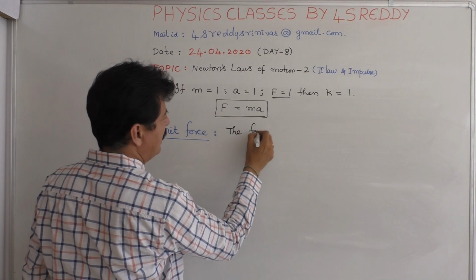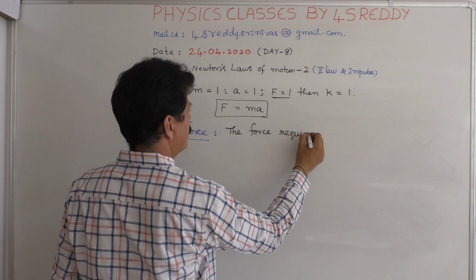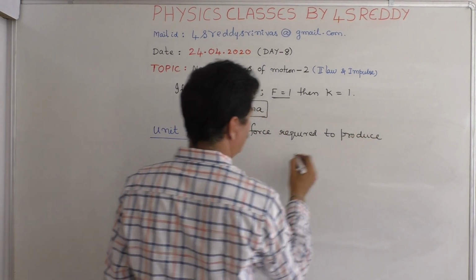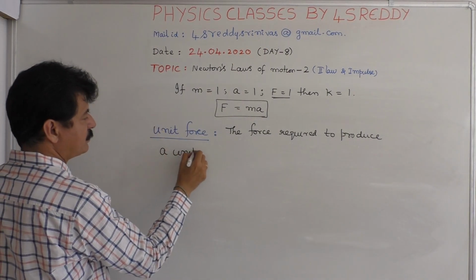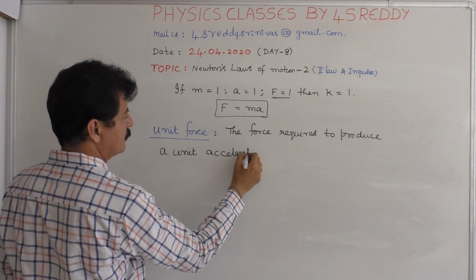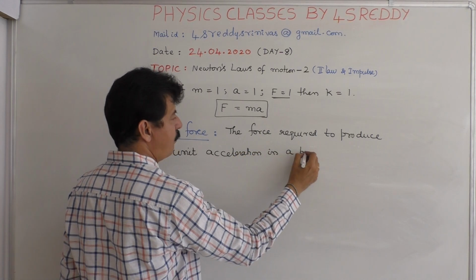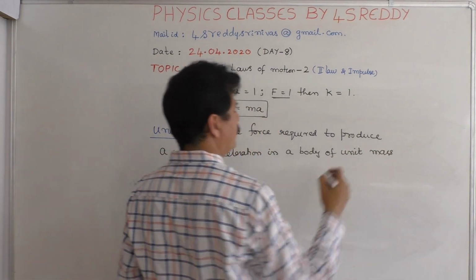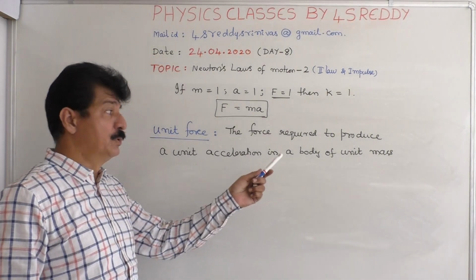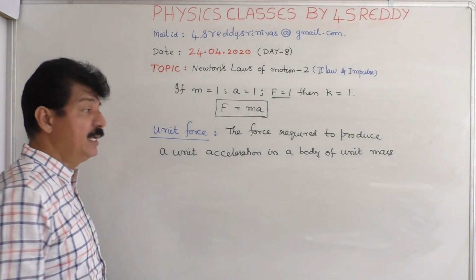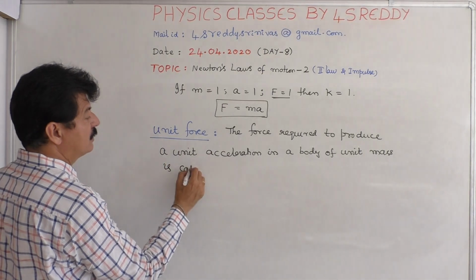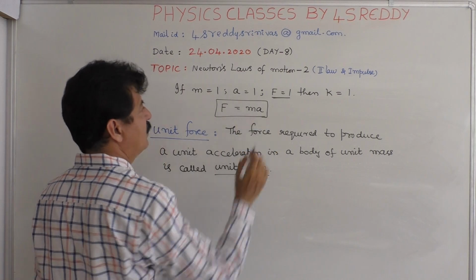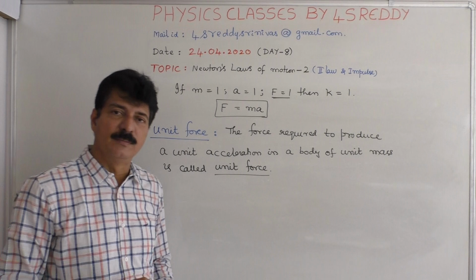The force required to produce a unit acceleration in a body of unit mass is called unit force. So whenever you define the unit force, only then does F equals ma hold good.